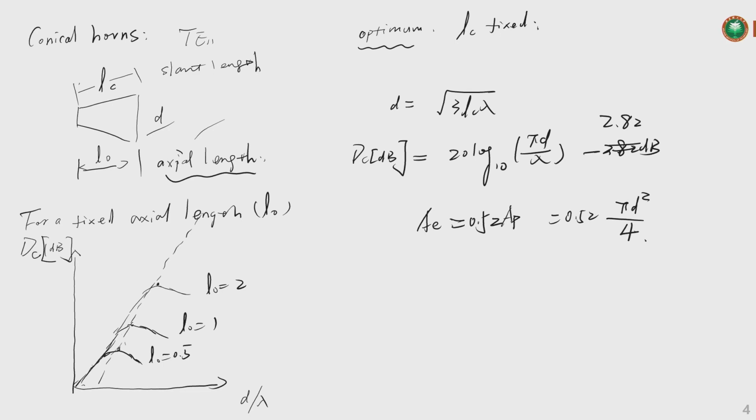All right. So this is the calculation for the aperture and also the directivity of the conical horns.